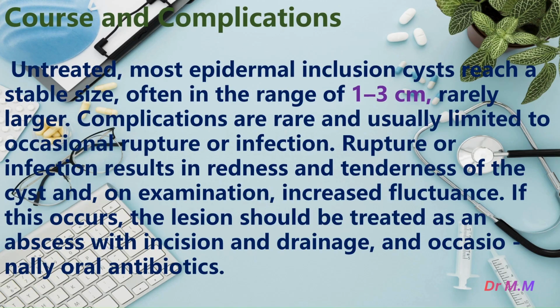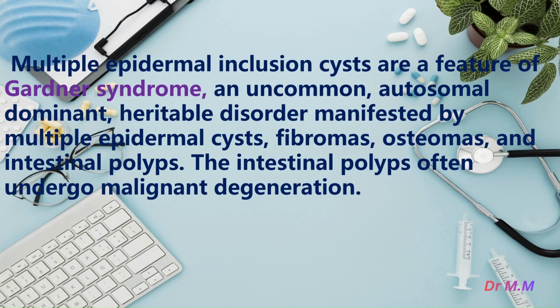Complications are rare and usually limited to occasional rupture or infection. Rupture or infection results in redness and tenderness of the cyst, and on examination increased fluctuance. If this occurs, the lesion should be treated as an abscess with incision and drainage, and occasionally oral antibiotics.